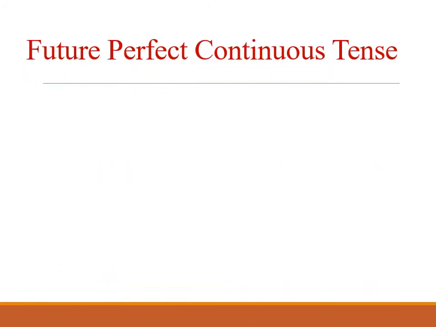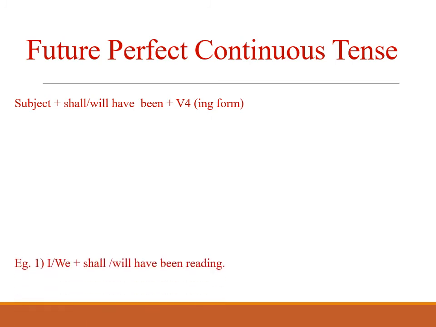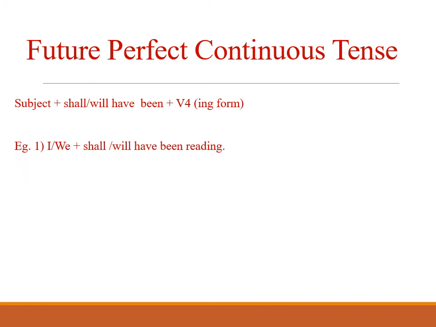Future perfect continuous tense. The form here is very simple. You just need to remember subject plus shall, will, plus have, plus been, plus verb fourth form. Example, I will have been reading.